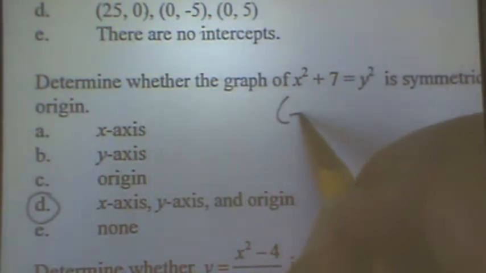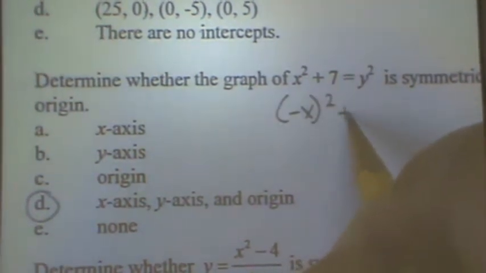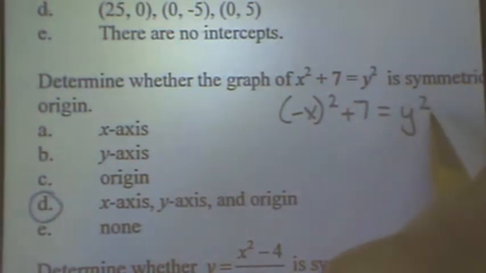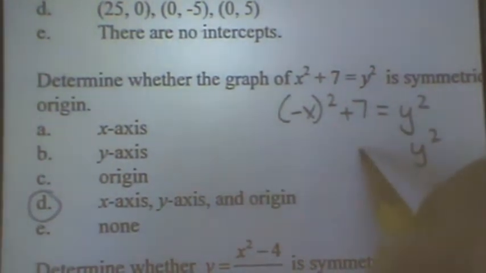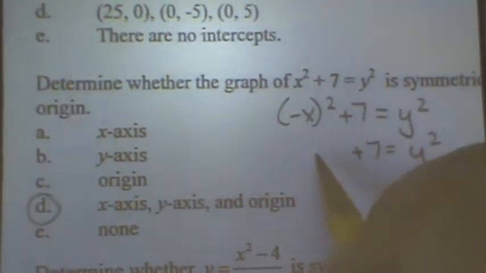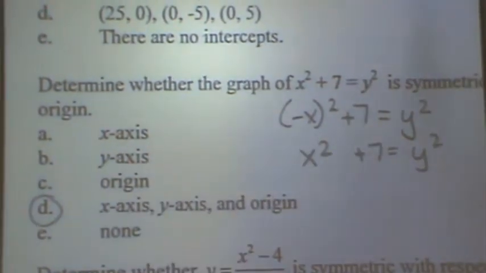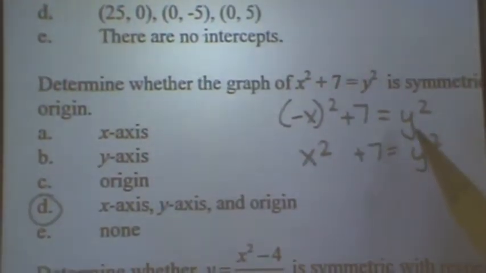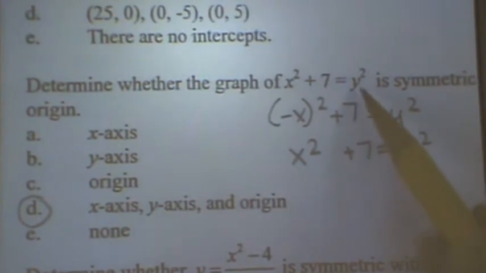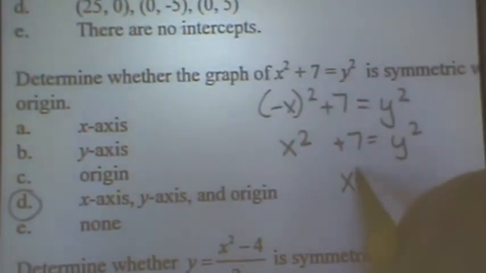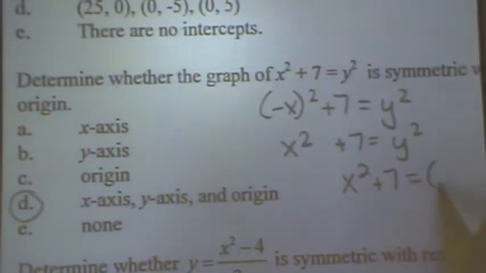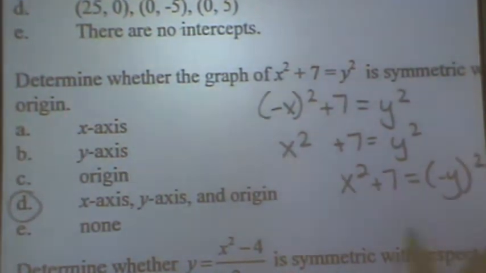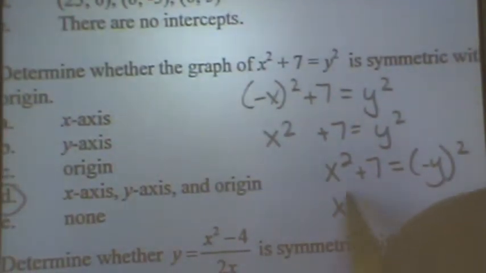If I put a -x here and solve it, I get the same equation. To see if it's symmetrical to the x-axis, you plug a -y in here. So x squared plus 7 equals -y. And because they're even powers, it's a yes.